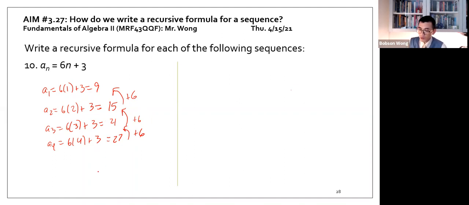And so we could see that a sub 1 is 9, and a sub n for the recursive sequence is the previous number plus 6. So we get 9, and 9 plus 6 is 15, 15 plus 6 is 21, 21 plus 6 is 27, and so on.